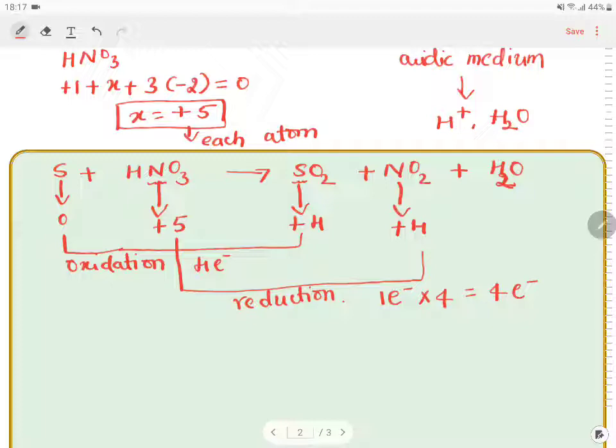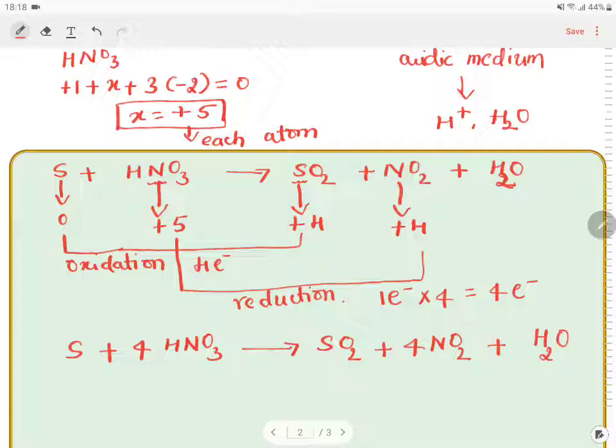I'll rewrite the equation now. Sulfur plus, as I mentioned earlier, multiply 4 now. So 4 HNO3 giving rise to SO2, then 4 NO2 plus H2O as it is.